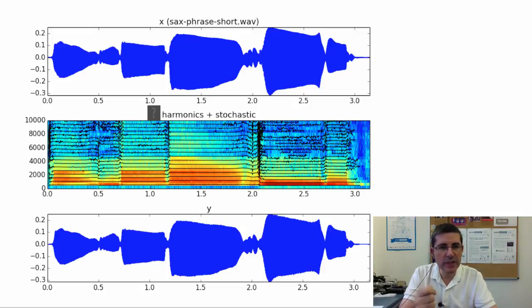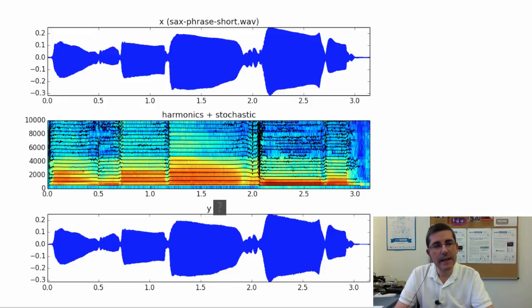Well, we may not appreciate what is missing, but when we listen to the stochastic approximation, we have to make it a little bit louder in order to actually hear what is going on. Well, with these two components, we have analyzed and modeled the original signal, and we can put them together and generate the synthesized sound that captures most of what is perceptually relevant in this sound.